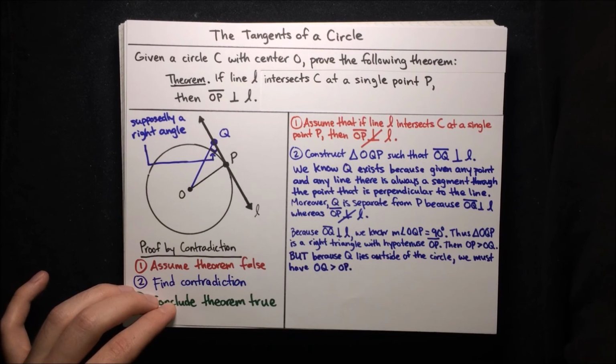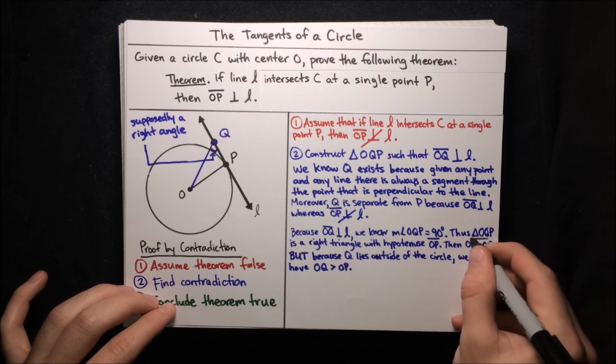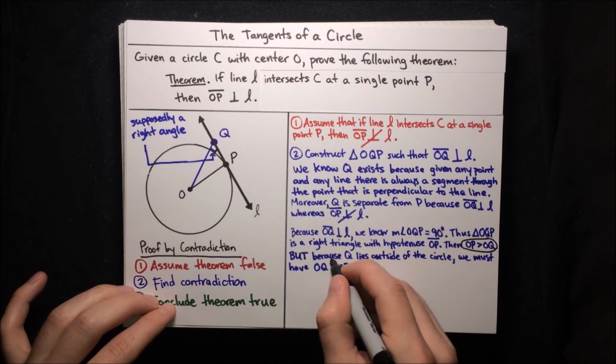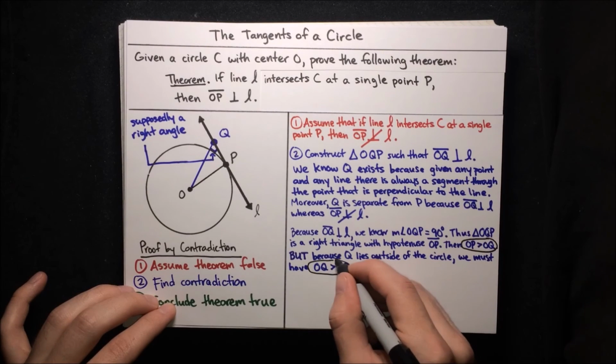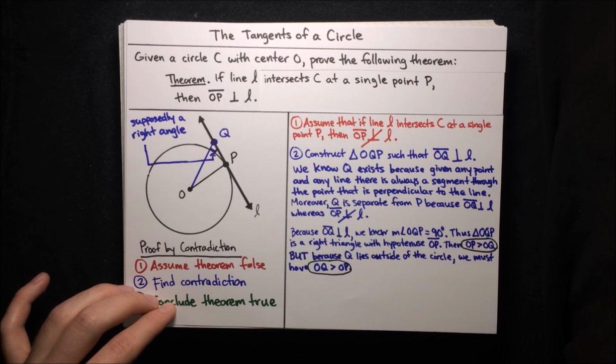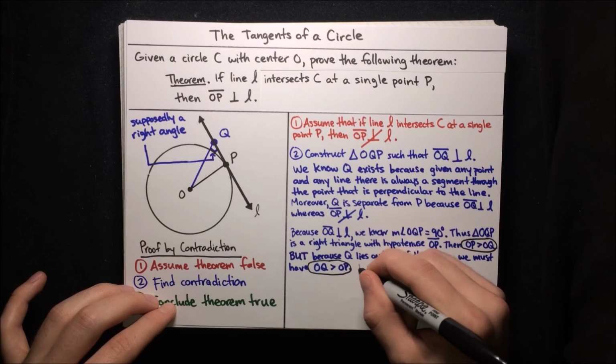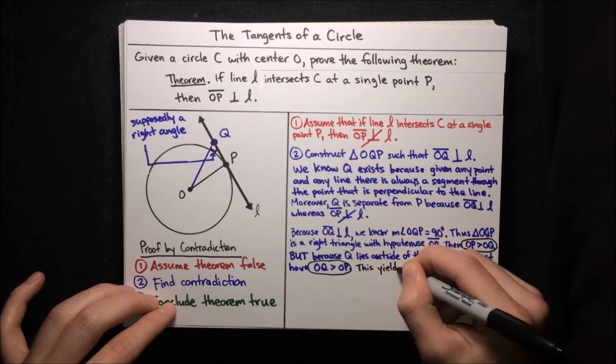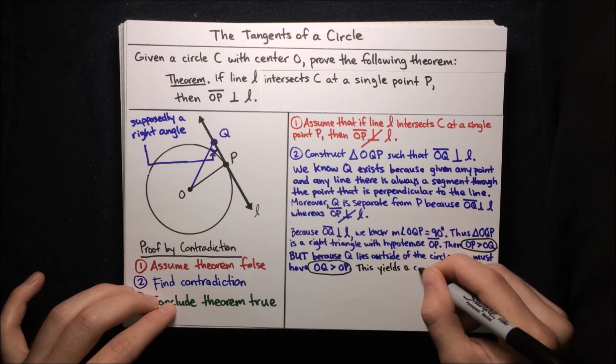And there's our contradiction. We've shown that OP is greater than OQ here, and we've also shown that OQ is greater than OP. And that's just not possible. You can't have a number that is both greater than and less than another number. So we can just go ahead and say that this yields a contradiction.